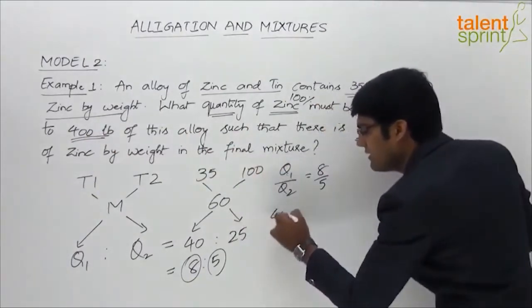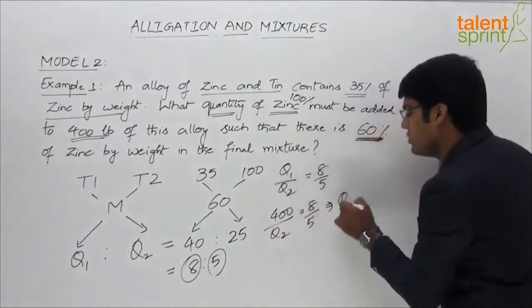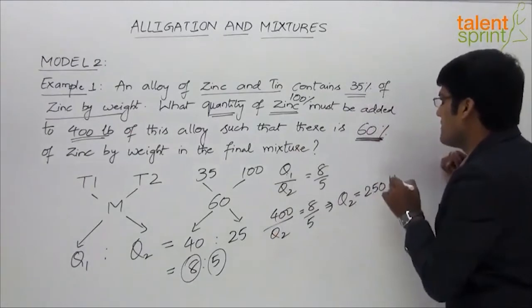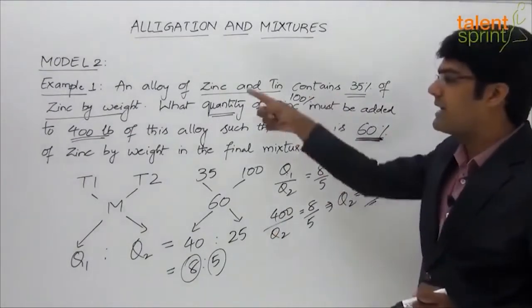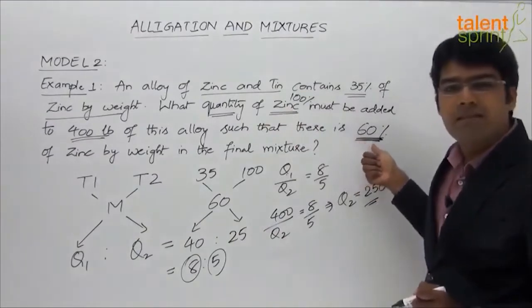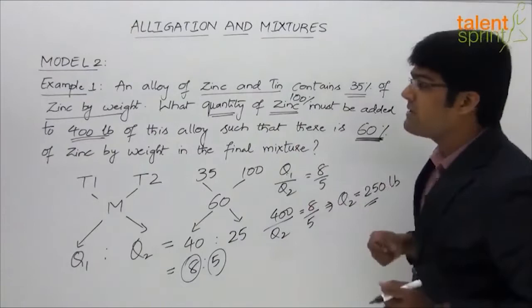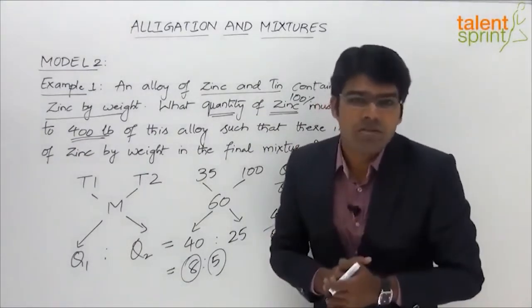By simplifying this expression we get Q2 as 50 times 5, which is 250 pounds. So 250 pounds of zinc must be added to that alloy so that we obtain the final mixture with 60% zinc concentration. So this is one question where the strength of the ingredients of the mixture is given to us.